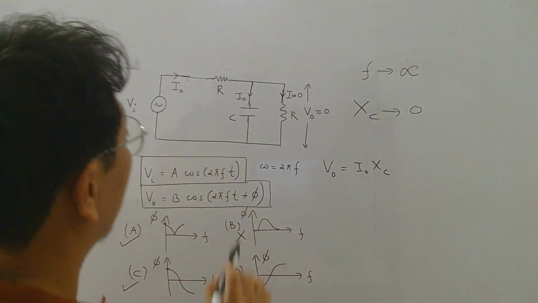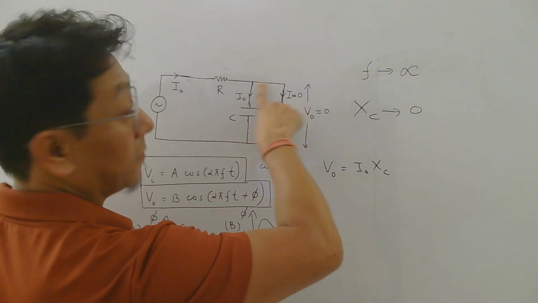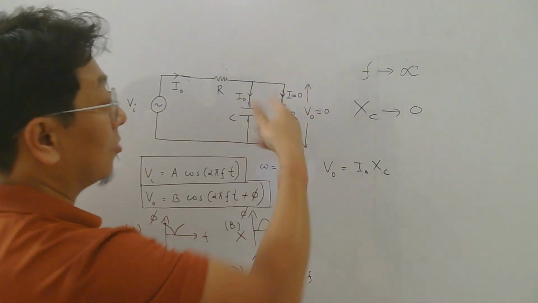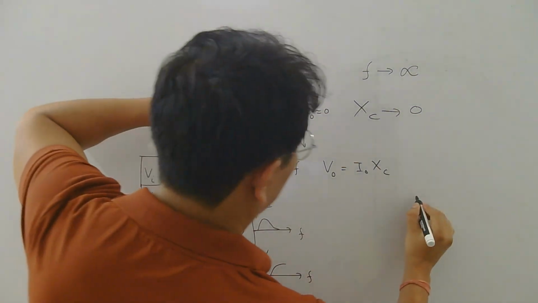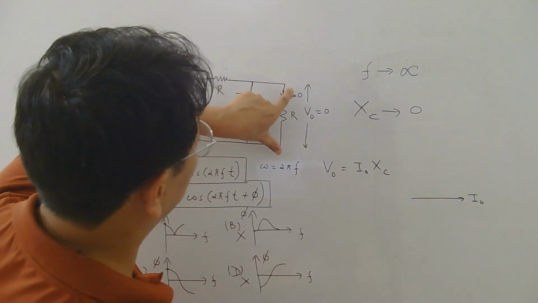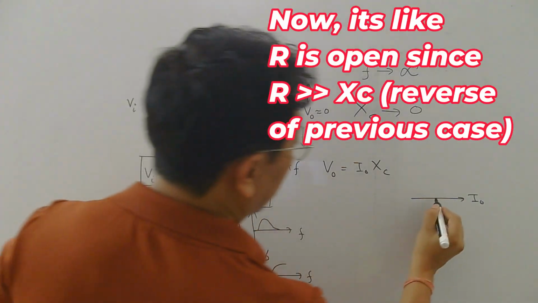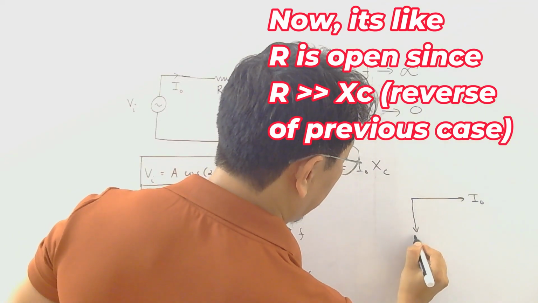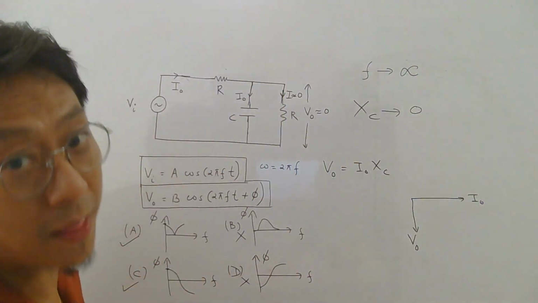But that's okay because now our voltage is controlled by this capacitor, because here current is almost 0. So if this current is I0, then voltage output will be same as voltage across this capacitor now, which is behind current by 90 degree, isn't it, for capacitor?